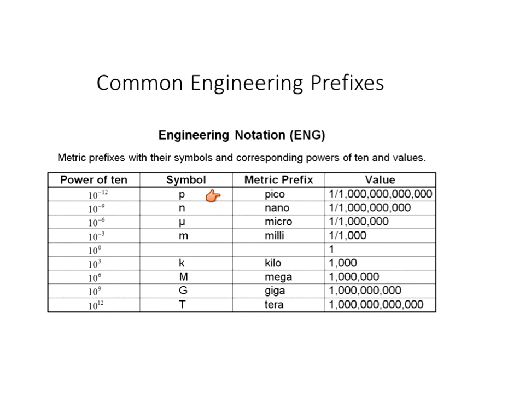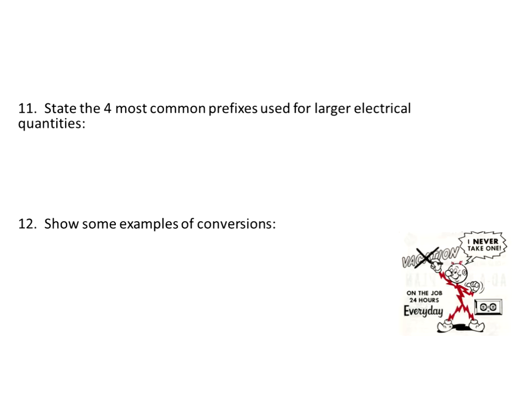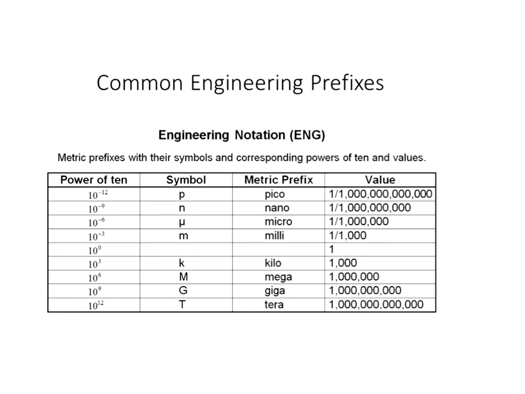And the conversions all revolve around moving the decimal places one way or the other to get a certain conversion. So, again, these are very, very easy questions you don't want to miss. These are the ones that every technician should know. For example, what are the 4 common prefixes used for larger electrical quantities?